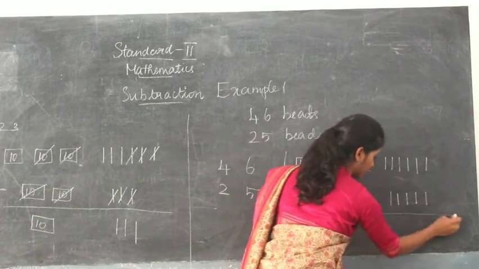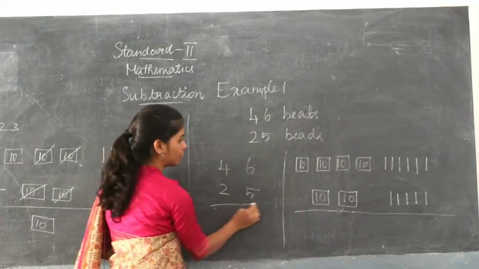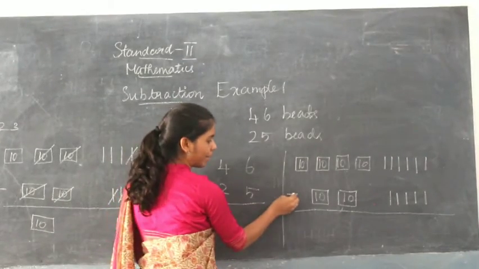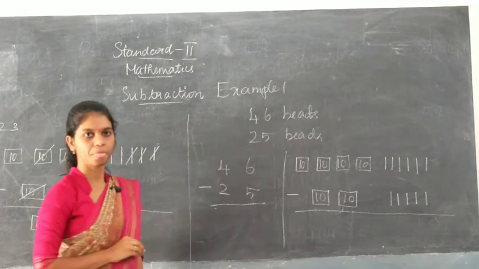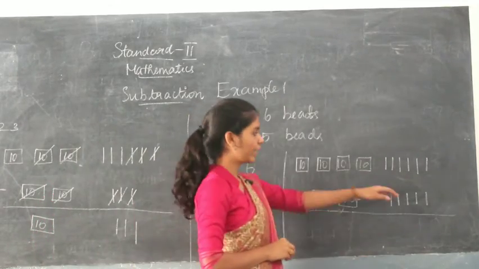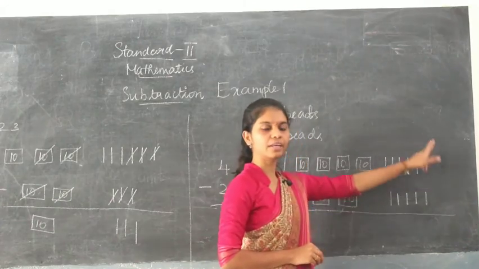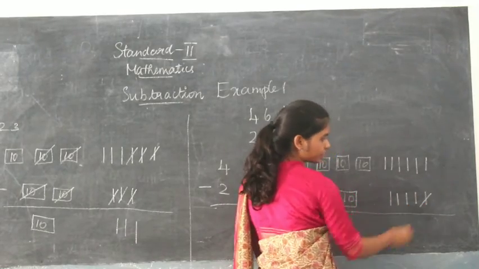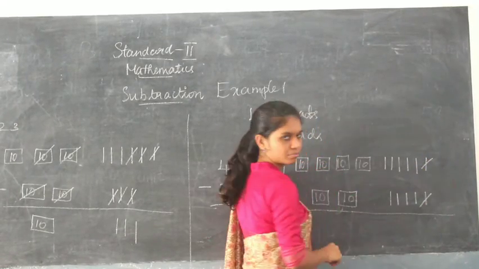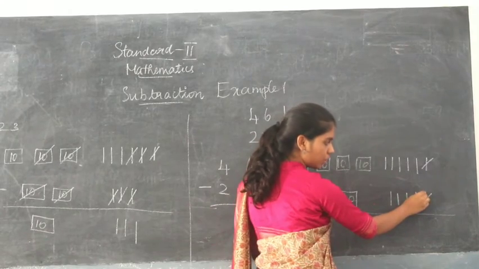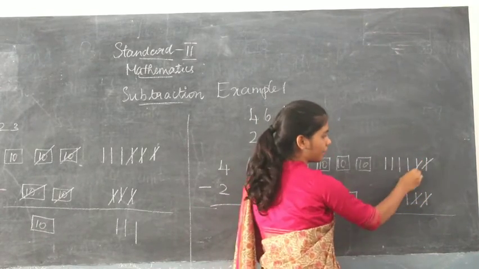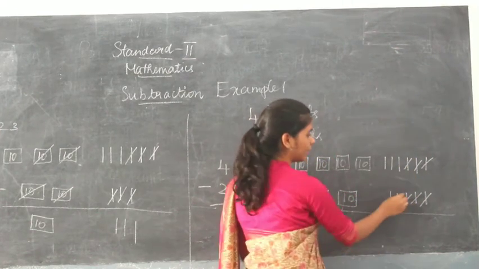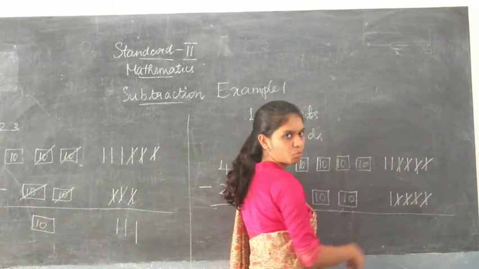Now you need the answer, right? Because you have to subtract. For subtraction you should put a minus symbol. Okay. Now what are you going to do? You are going to cross one line here and then you will cross one line on the top. So first you cross here, and then again one more you will cross down and then you will go up, and again one more down and up, and one more, and one more.